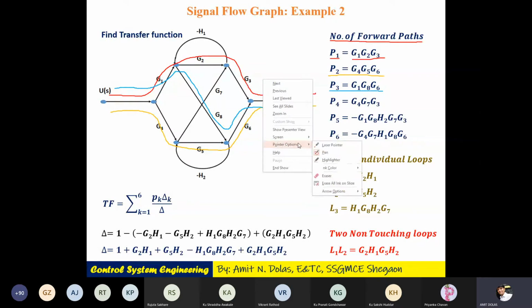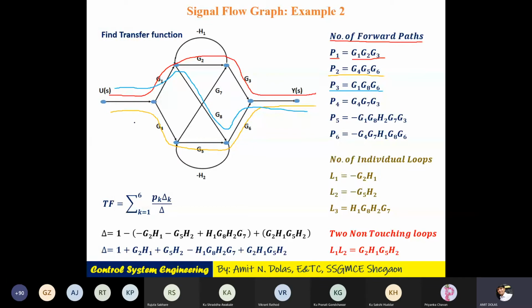Similarly, I have one more option: G4, then G7, then G3. So I have path 4: G4, G7 and G3. Two paths went straight, P1 and P2, and P3 and P4 crossed a little.